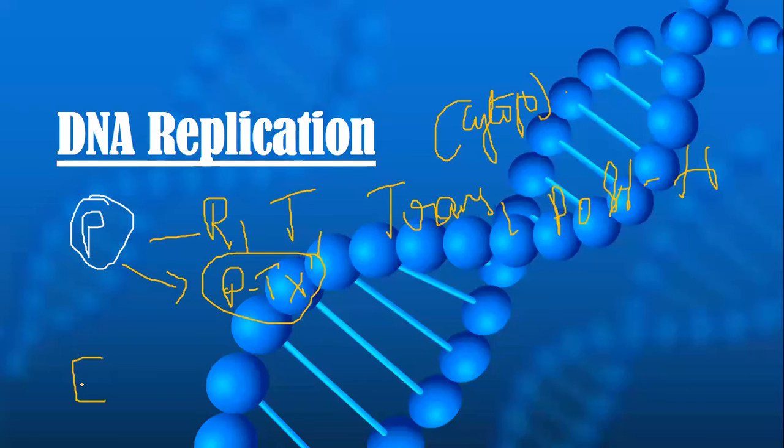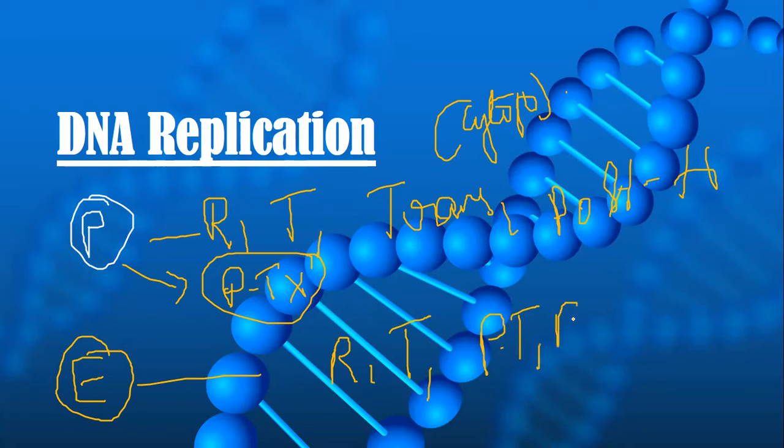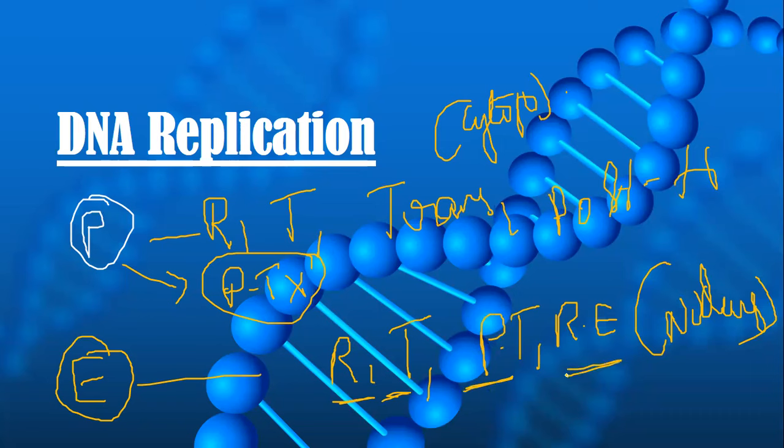But friends, if you look into the eukaryotes, what every student has to remember: replication, transcription, post-transcriptional processes, and even RNA editing, everything happens in the nucleus. What are those? Replication, transcription, post-transcriptional processes, and RNA editing. They will happen in the nucleus. Translation and post-translation happen in the cytoplasm.